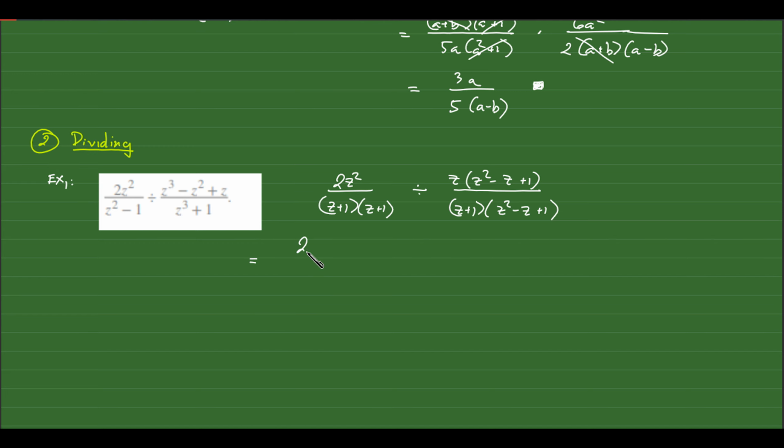So go ahead and keep, meaning we rewrite it. Okay, so this is minus, sorry. Change the division to multiplication and flip it. So the bottom becomes the top, and the top becomes the bottom.